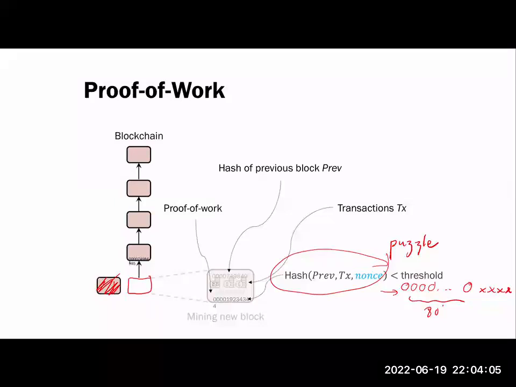The good thing about this hash function is that computing it is very easy, while solving the puzzle is very hard and takes an extremely large amount of computation. But checking whether the puzzle has been solved is very easy. So everybody can check it and say, okay, this proof of work is done properly, I will now accept this block. That means in my local memory, I will extend this block on the longest chain, and now I have a longer blockchain in my local memory.